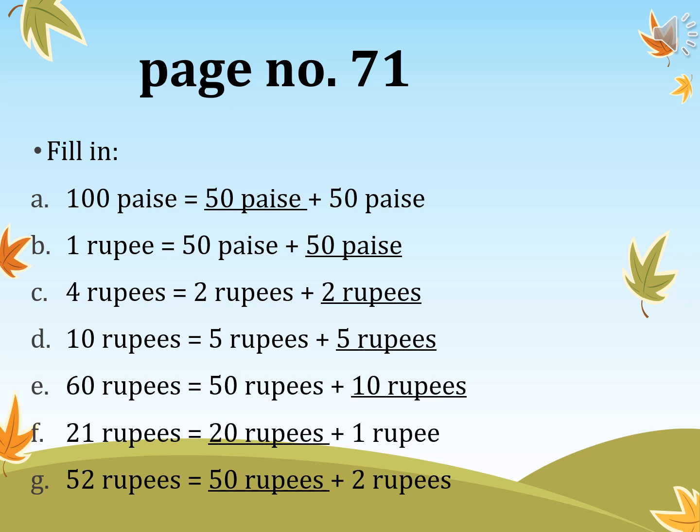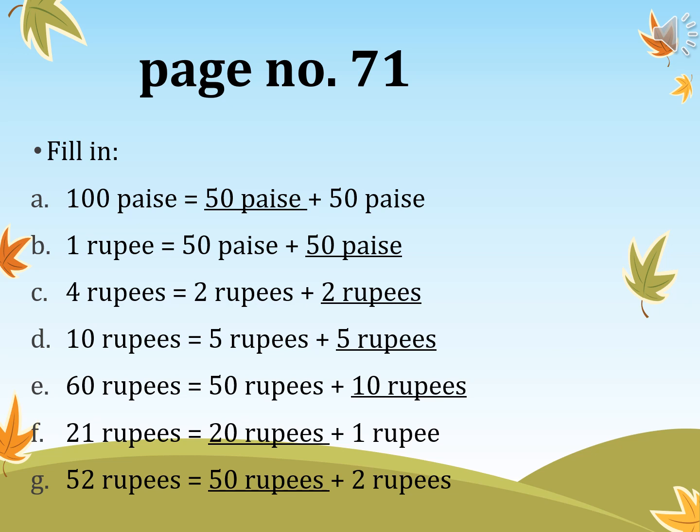A part. 100 paise equals to dash paise plus 50 paise. So, just now we studied that 100 paise will make 50 plus 50. So here 50 paise plus 50 paise. B part. 1 rupee equals to how many paise? 50 plus 50 paise.